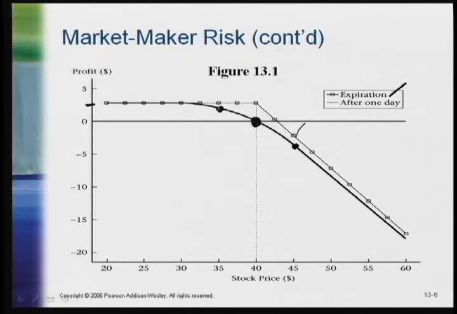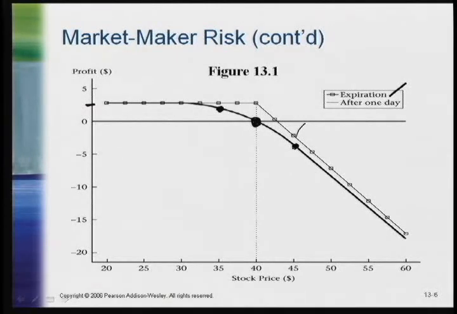But if the stock price goes up to 45, an increase of $5, we see that the market maker is now in a net loss position of $5. The call option increases in value about $5, and that puts the market maker in the red, because the market maker has $2.78 on the long side, the asset side, and a liability of an option which is now worth roughly $7.78.